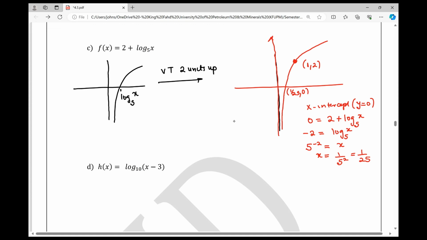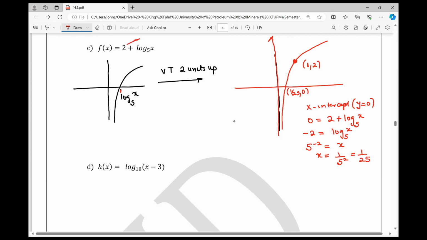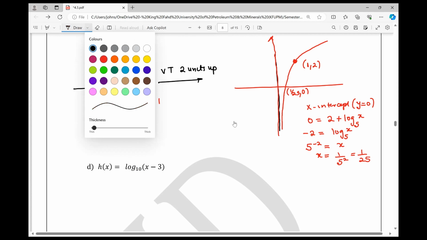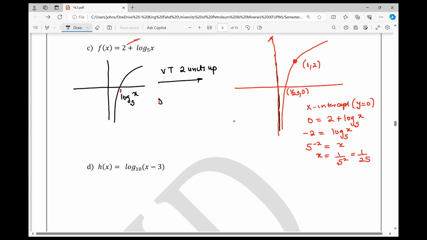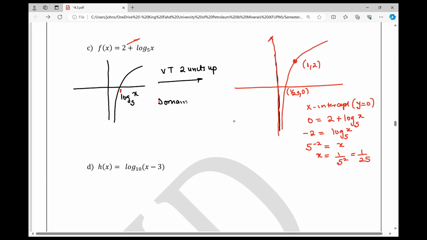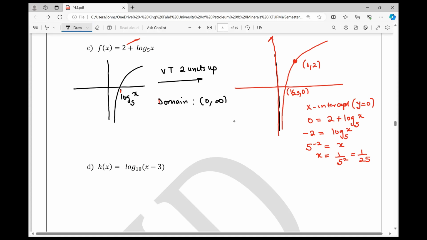So here, the point here is 1 and 0. So you move 2 units up. But here, you see that our domain will still be the same. Our domain is still from 0 to infinity.